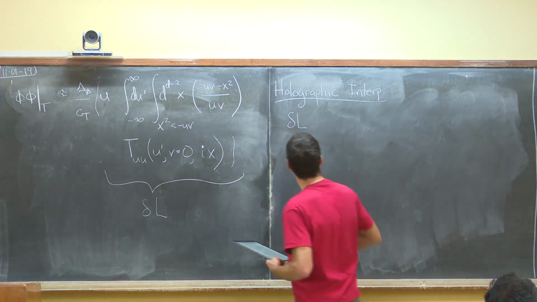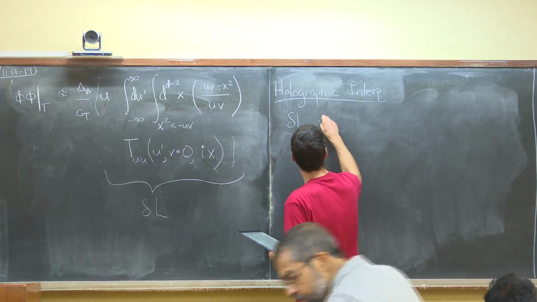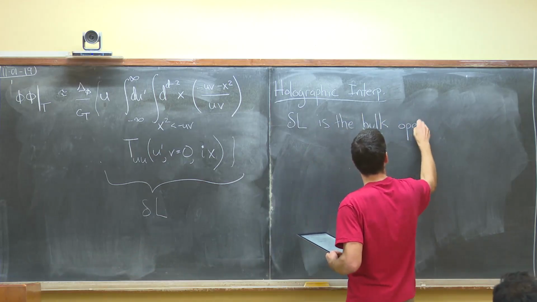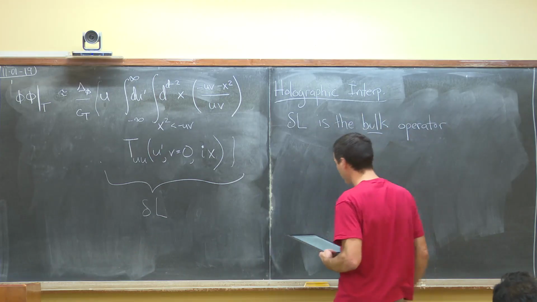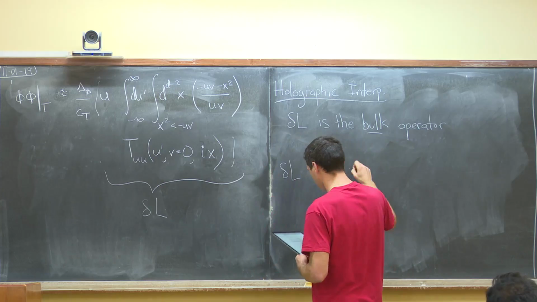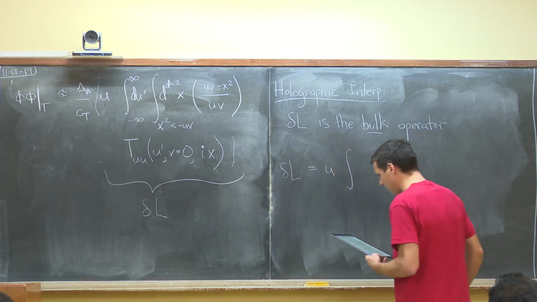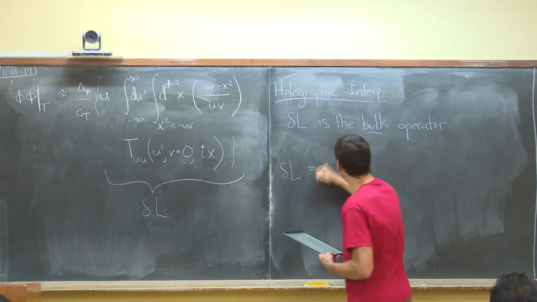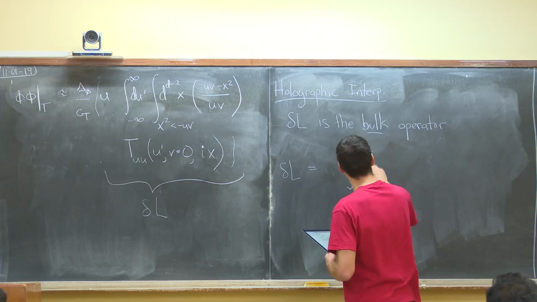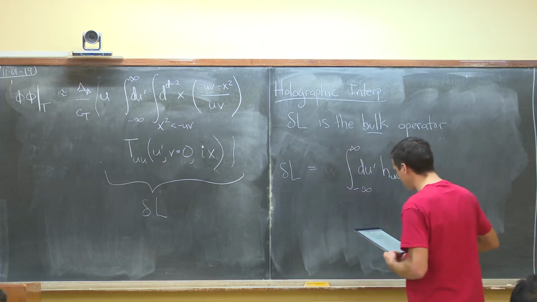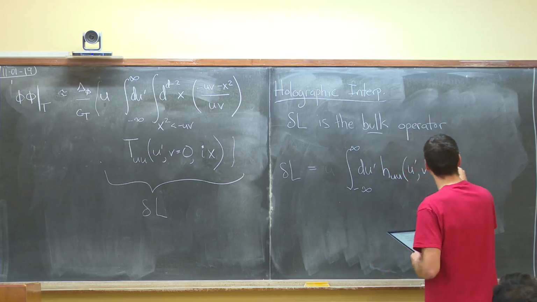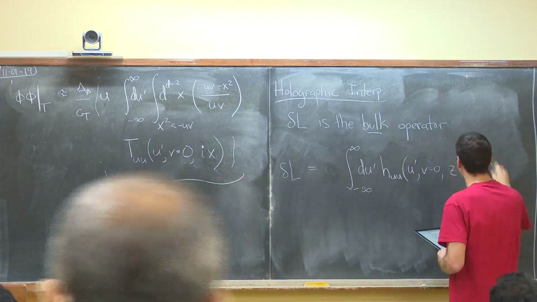So the claim is that delta L is the bulk operator which is the integral from minus infinity to infinity du prime H_UU of u prime, v equals 0, z equals minus root minus uv.